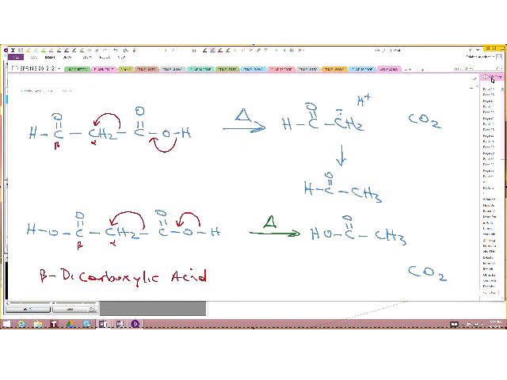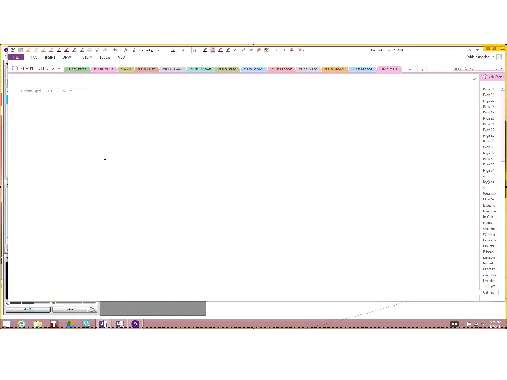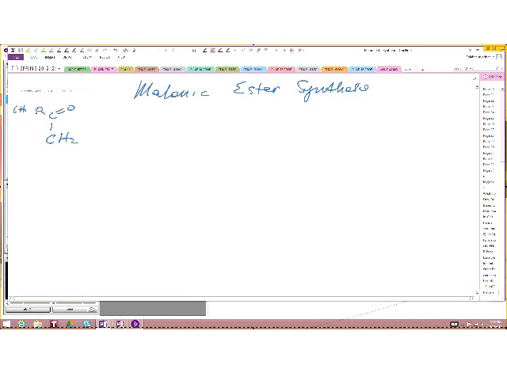Through with this? Okay. The first set of reactions I want to show you is what we refer to as malonic ester synthesis.